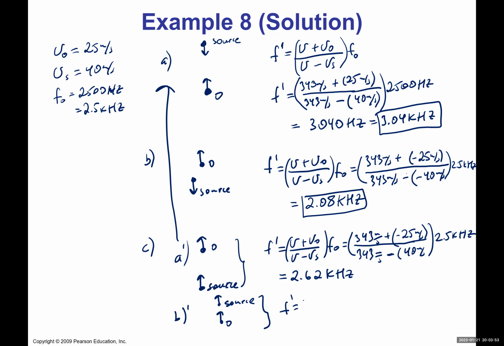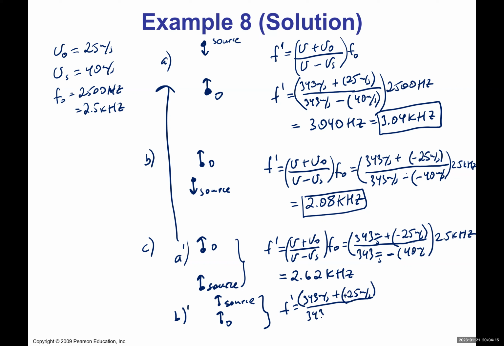So F prime here is equal to, I can just write down the equations. You already know the values, you already know the equation. So this will be 343 meters per second plus, now if I look at the observer, hopefully you can see the observer moving toward the source. So it's positive 25 meters per second.